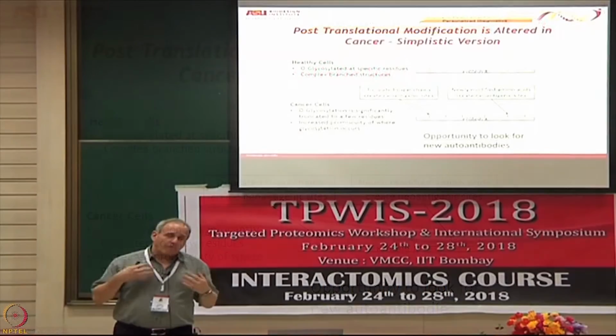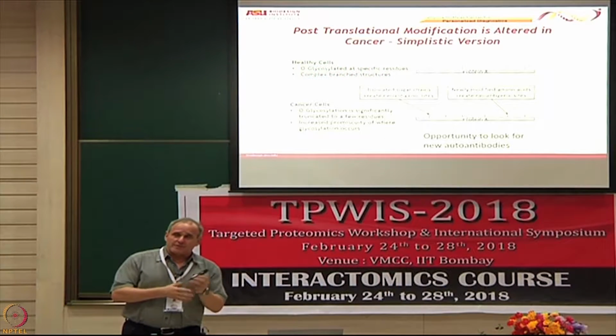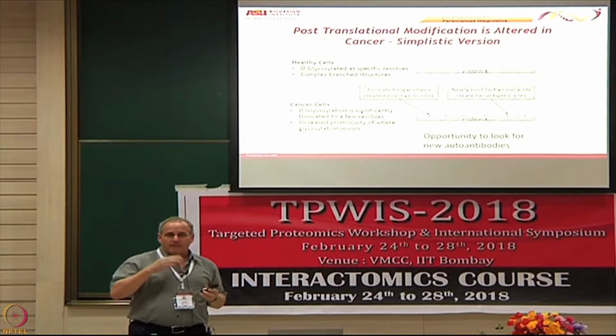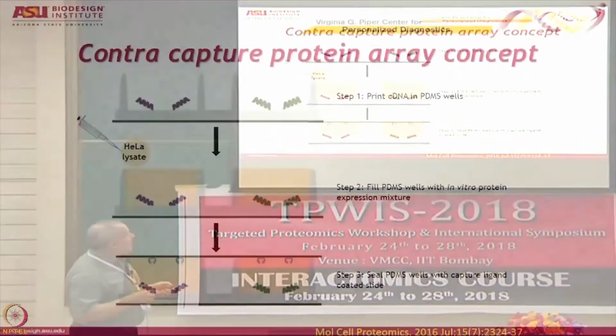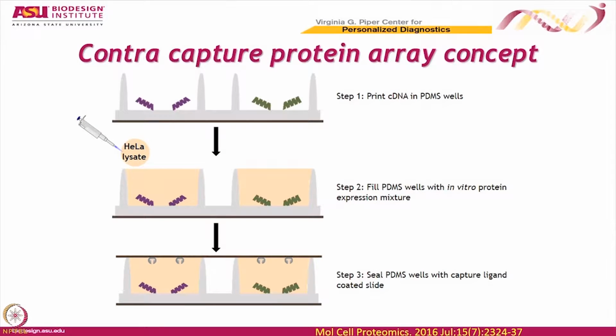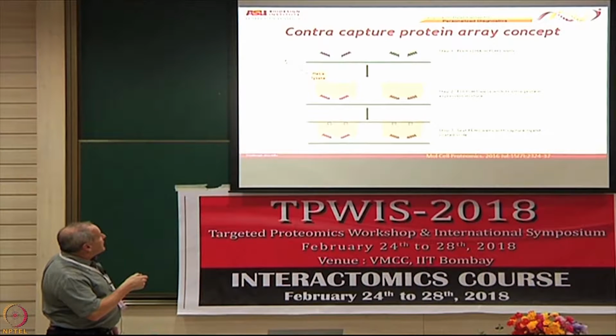To get our platform to work well with looking at post-translational modification, we had to clean up the platform a little bit. Consequently, we developed this method here, which is called Contra Capture. What we do is, instead of printing our DNA on a glass slide, like the way you're doing it, we print our DNA in these soft wells of a PDMS membrane.